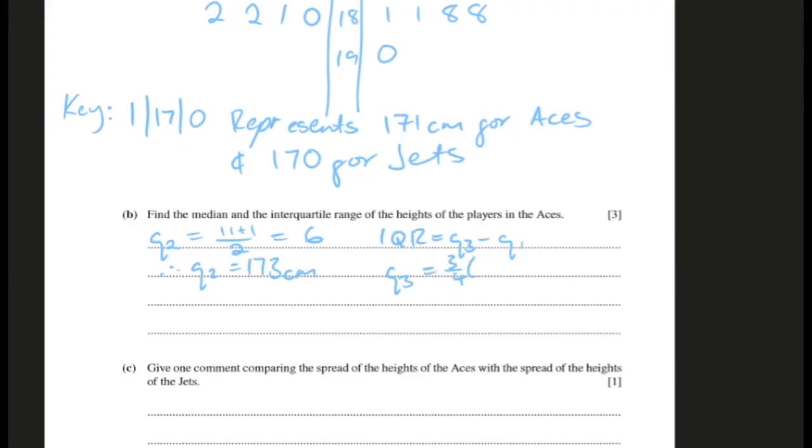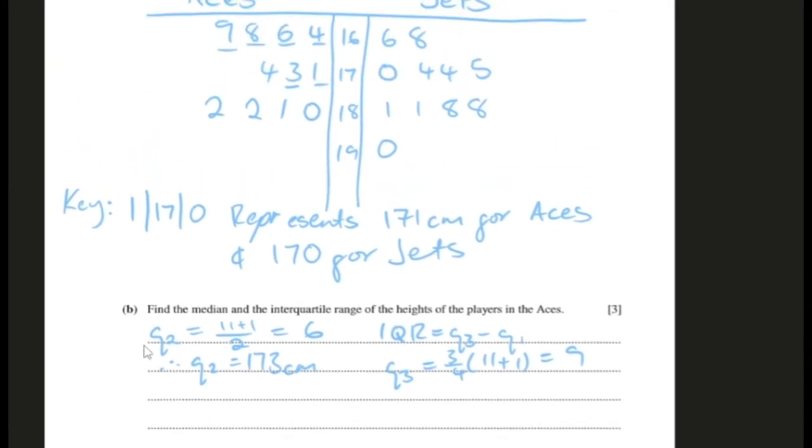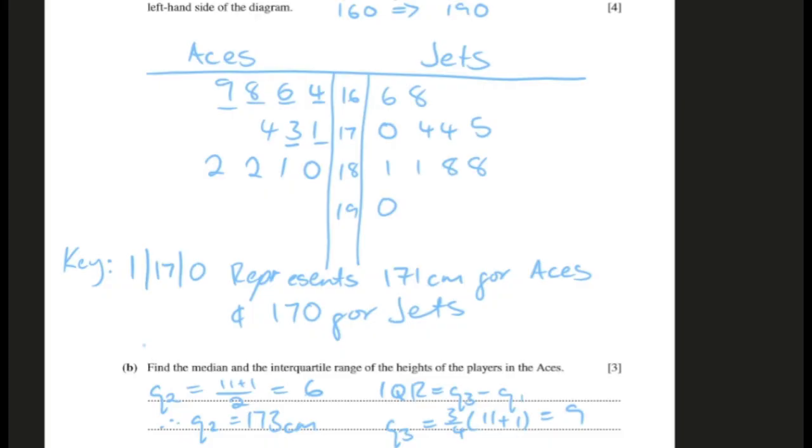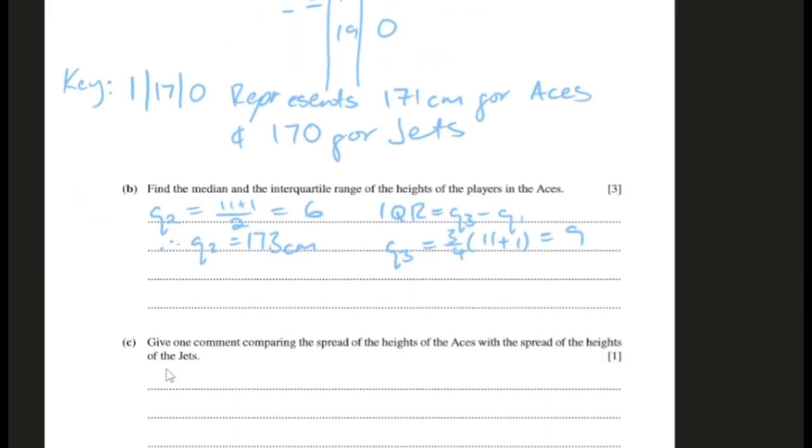So let's find the height in the 9th position. So 7, 8, 9. That's 181. So we know that Q3 is 181. And now we need to find Q1.